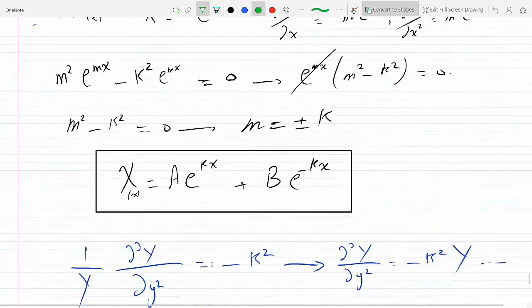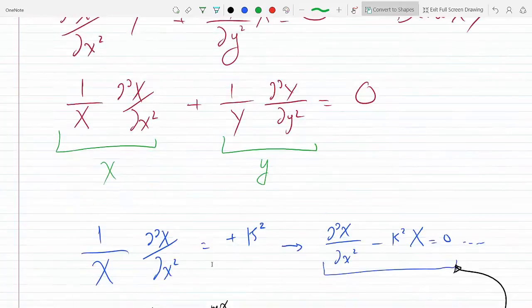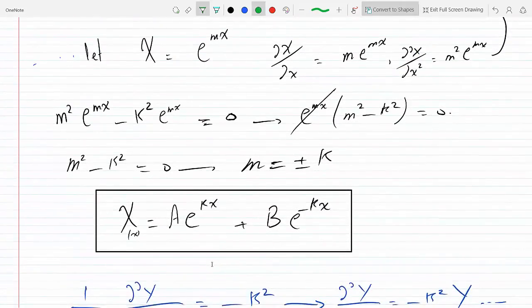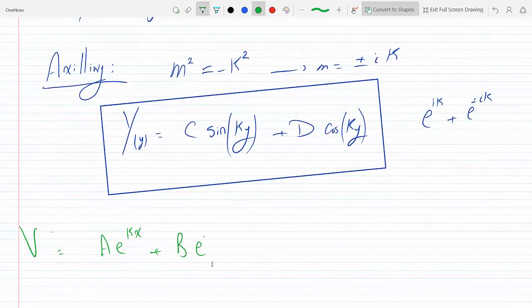By the way, you might wonder why I called it k squared, not k. The reason is so I don't get into square roots, because I know I'll have to take the square root when I solve the differential equation. I just call it k squared and move on. So a e to the kx, b e to the minus kx.